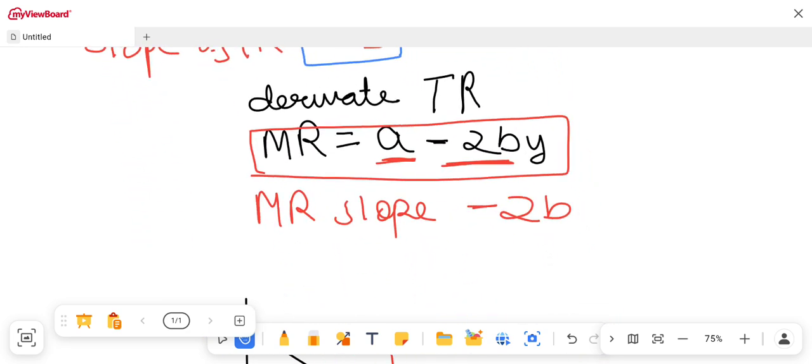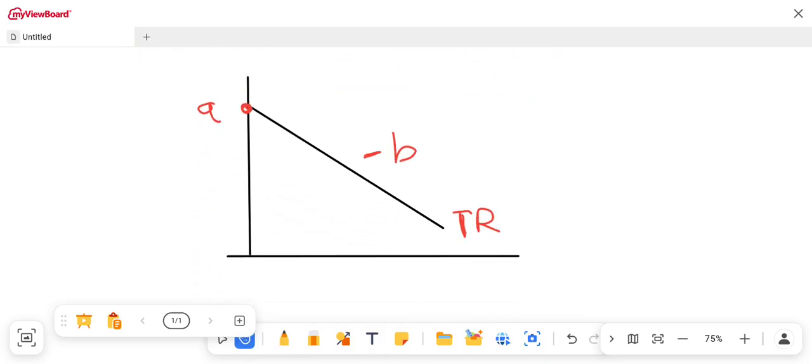We can see that the intercept of marginal revenue is also A, so it will start from the same point A on the y axis. Now we get to know that the slope is minus 2B, means it is double.